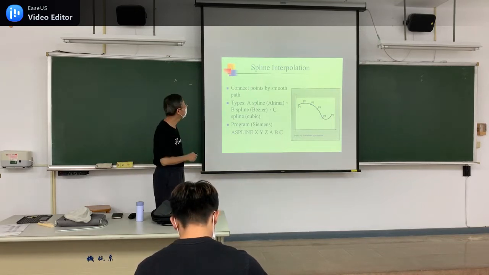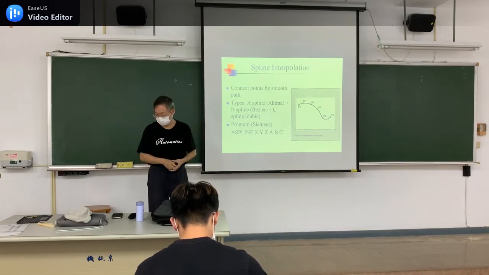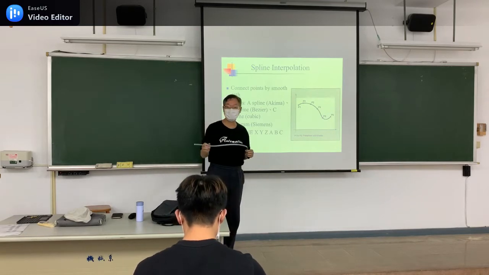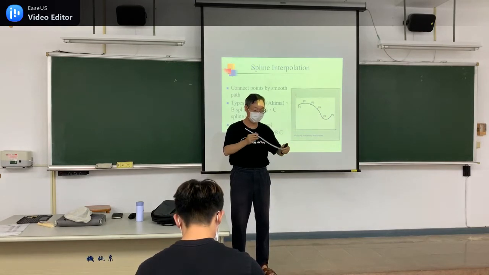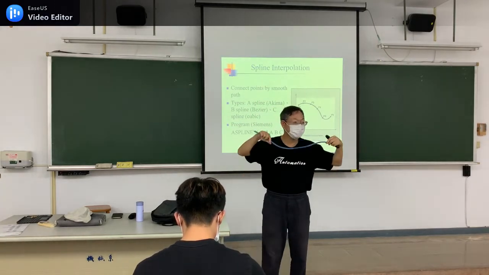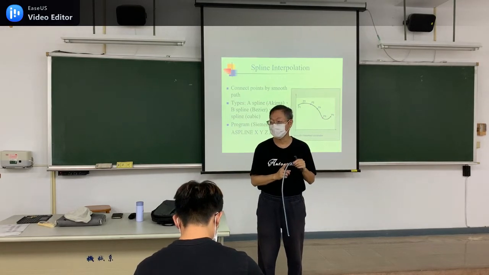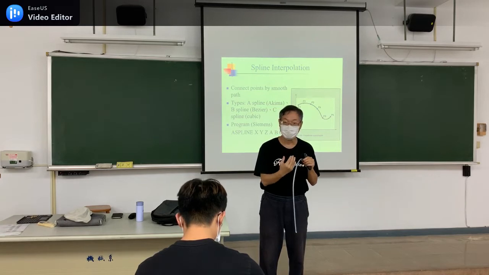In English, spline actually means smooth curve, like this. This is what we call a spline ruler. It's quite smooth. No matter how you bend it, it's a smooth curve. Smooth meaning that the tangent is continuous.